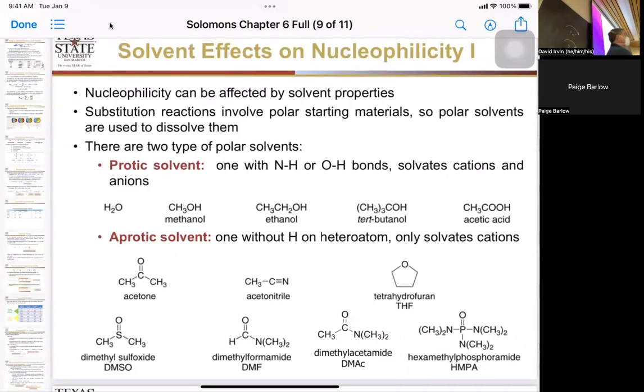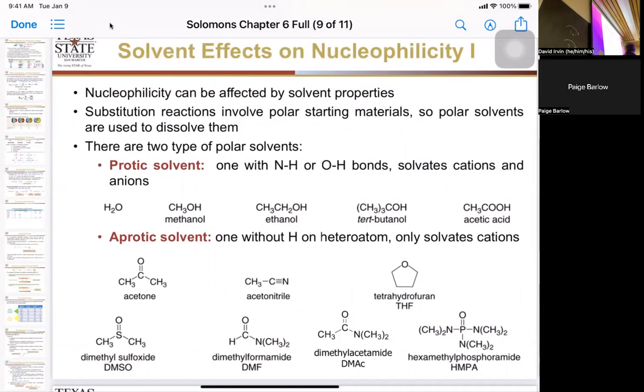Now we also want to look at a class of solvents called aprotic, no hydrogen bonding proton. All of these are going to have lone pairs or a permanent dipole moment, so we have dipole-dipole interaction. We have a permanent dipole moment, but no hydrogens on heteroatoms.